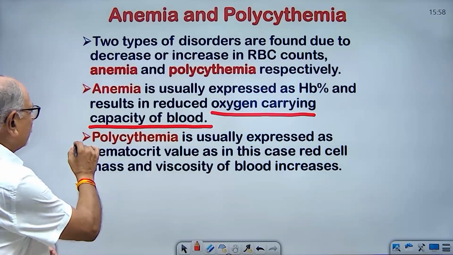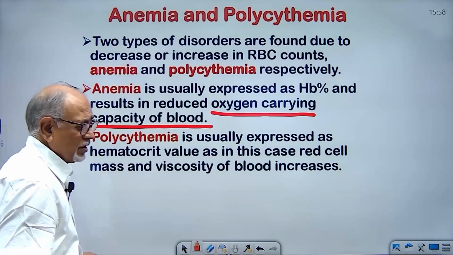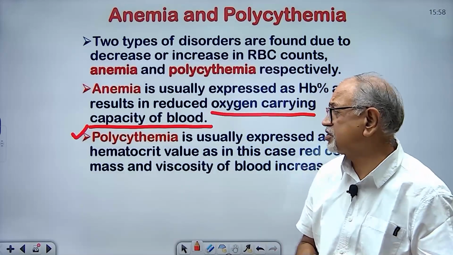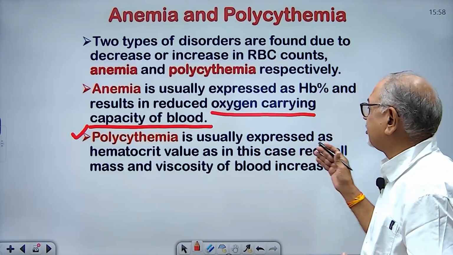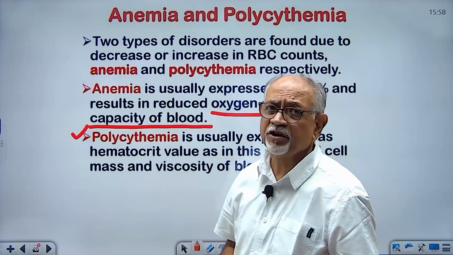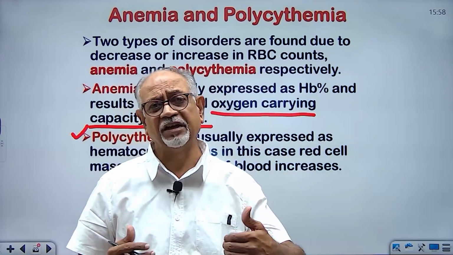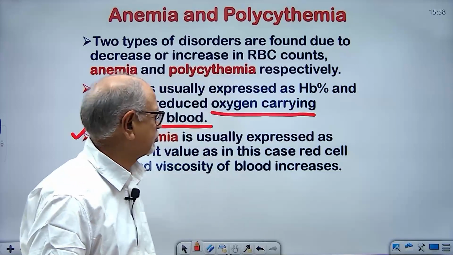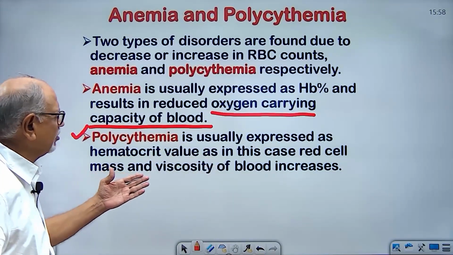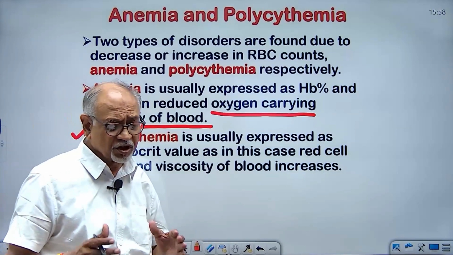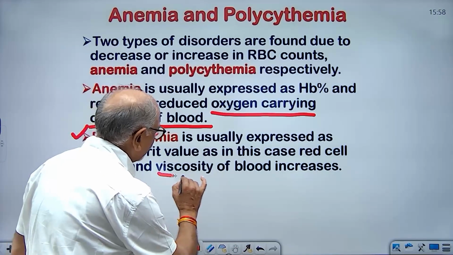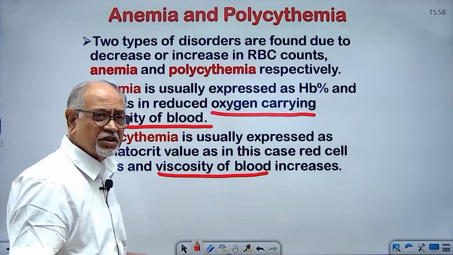Conversely, in case of polycythemia, in which hemoglobin percentage increases, polycythemia is usually expressed as hematocrit value rather than hemoglobin percentage. As in this case, the red cell mass, that is the counting of RBC, and the viscosity of blood increase.